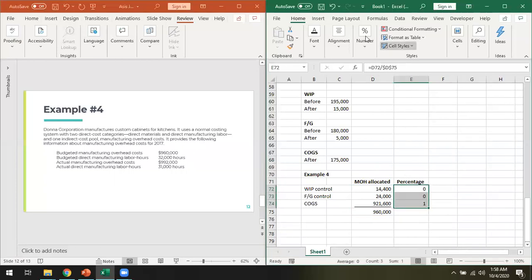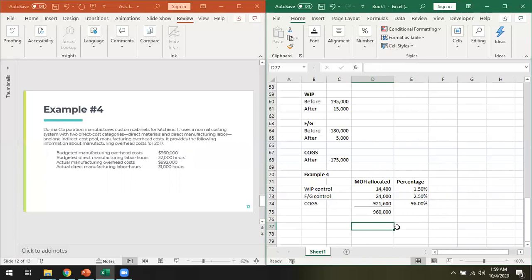Change the format to percentage. Okay, so we know the percentage for work in process control is 1.5%. For finished goods control, it's 2.5%. And for the cost of goods sold, it's 96%.